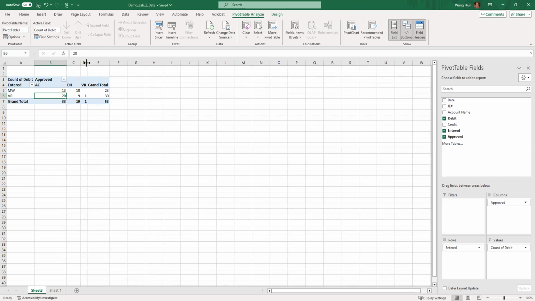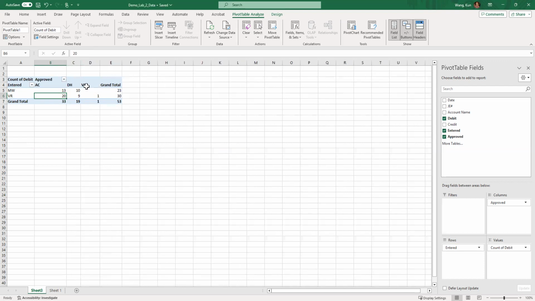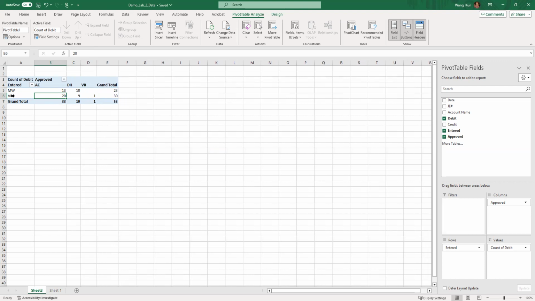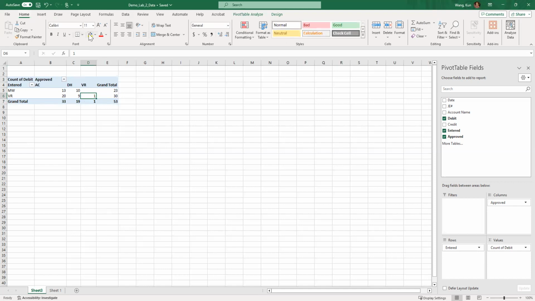And interestingly, you probably already noticed, we have a VR. Since we already have VR entering transactions, this count is a little bit suspicious because it's not supposed to happen. VR entered the journal entry, and he or she also approved the journal entry, which is not the right situation.